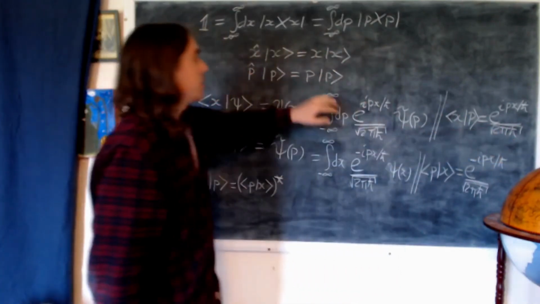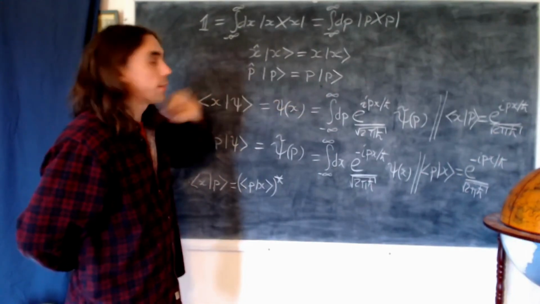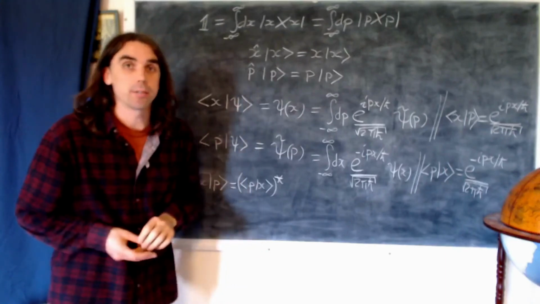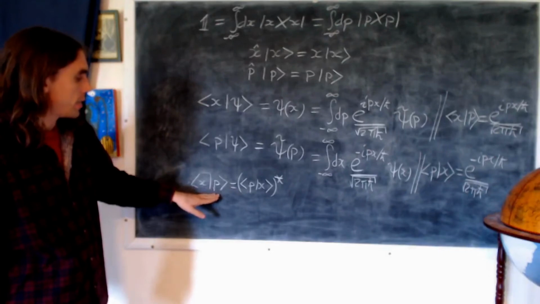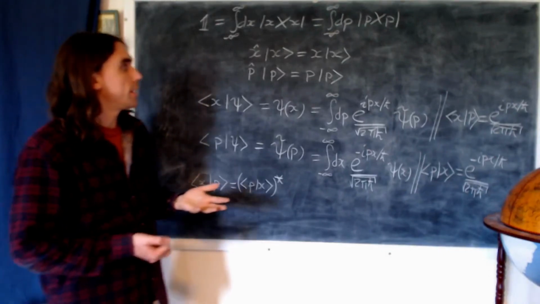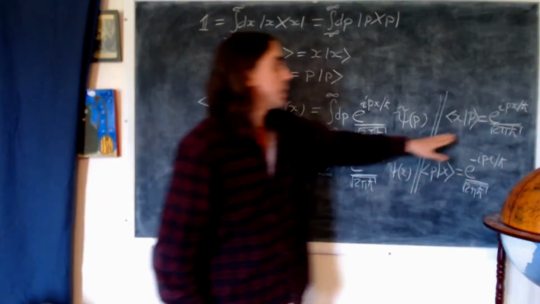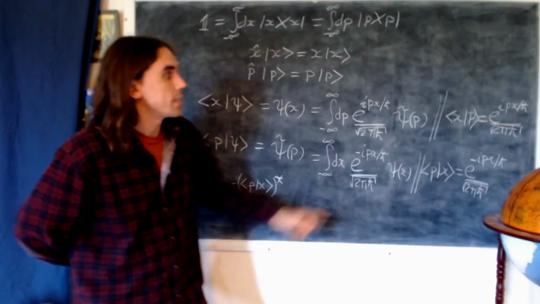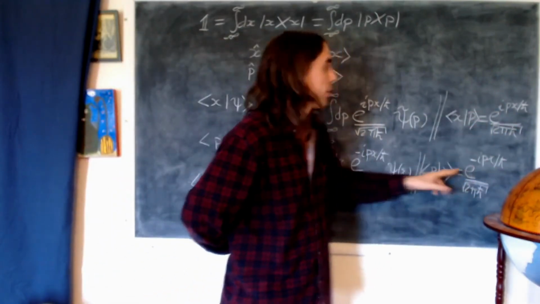But we'd also like to say that p is an eigenstate of the momentum operator. Well, what are eigenstates of the momentum operator? They're nothing other than plane waves. So what we'd like to say is that <x|p> is a projection of the plane wave into the position basis. And that's exactly what this is. This is the form of a plane wave, in this case a right-going plane wave, and in this case a left-going plane wave, the complex conjugate.